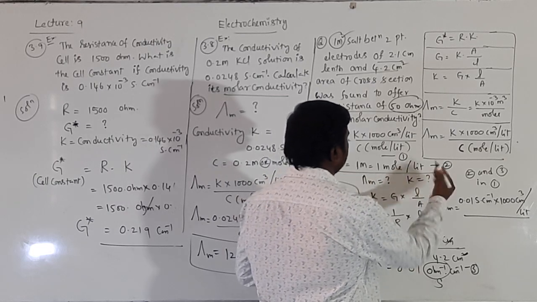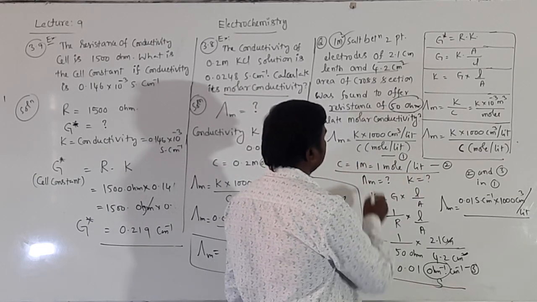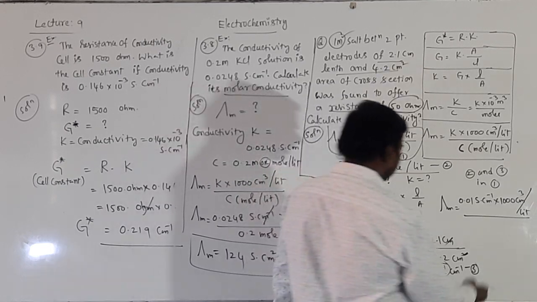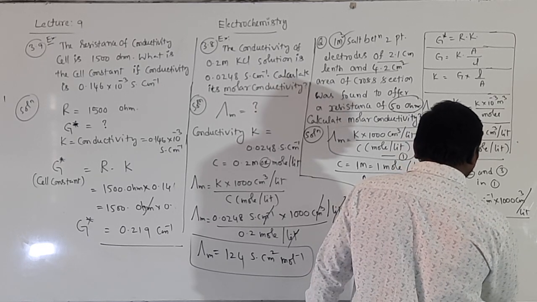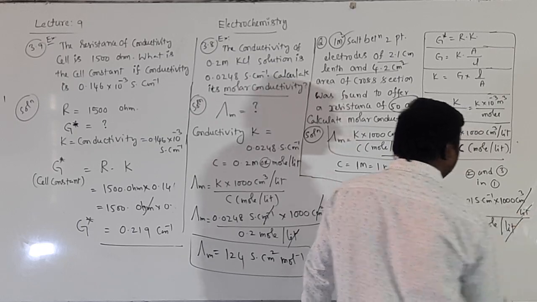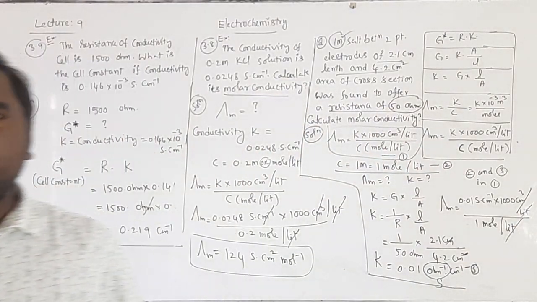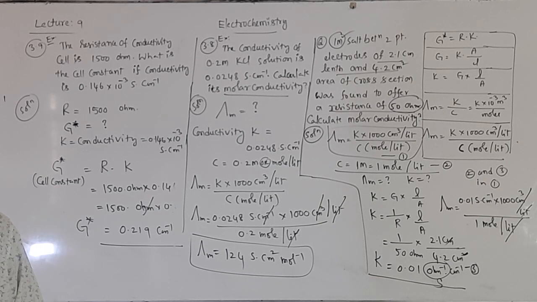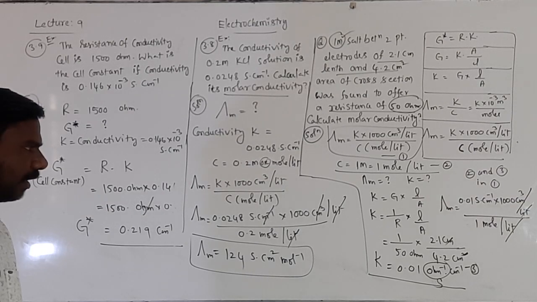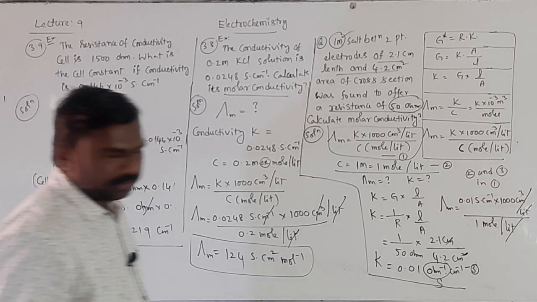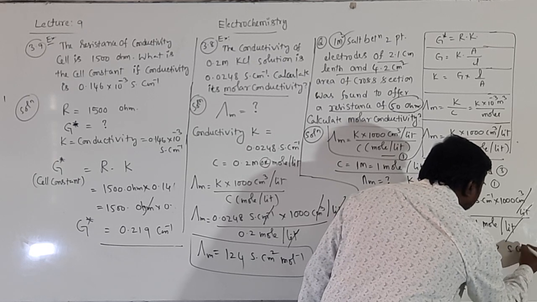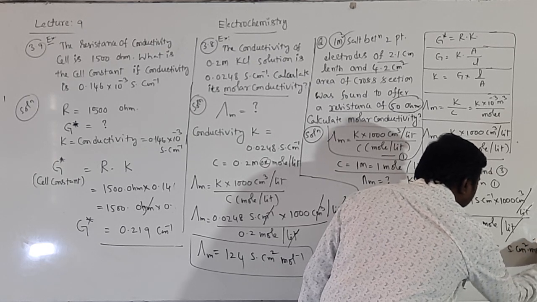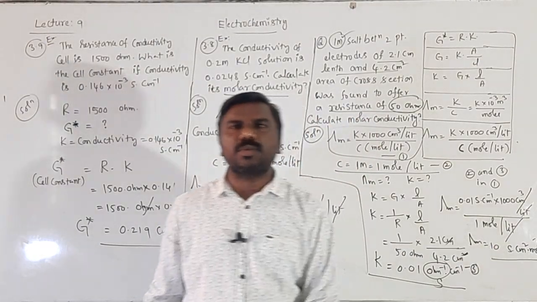This is the K value, this is the concentration, and this is our formula. The concentration is 1 molar, 1 mole per liter. Per liter cancels. Centimeter inverse converts into centimeter square. By solving this, you will get lambda m equal to 10 Siemens centimeter square mole inverse.